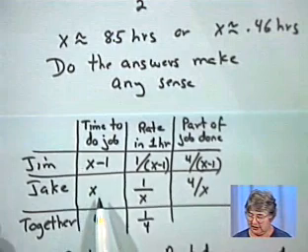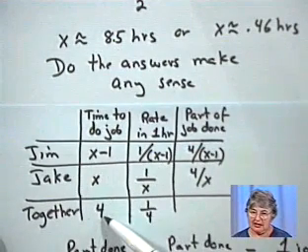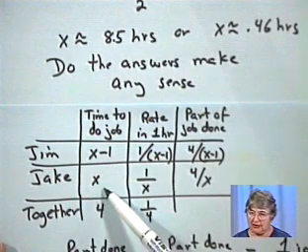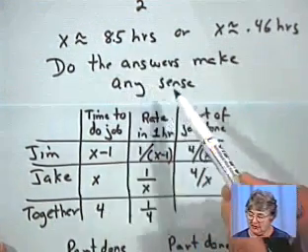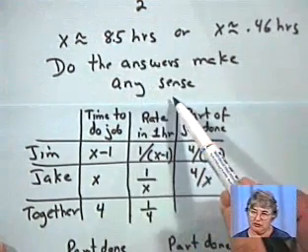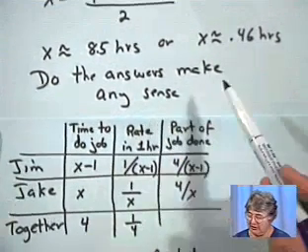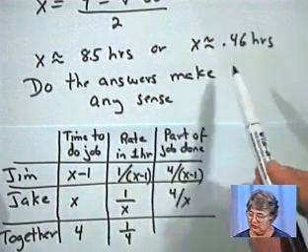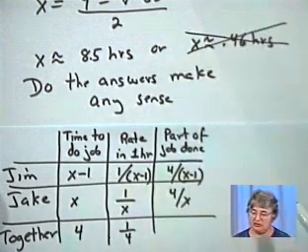Okay, so it could take Jake 8 hours to do the job, and then Jim 7 hours to do the job. So that answer makes sense. Another way of putting that is that answer is reasonable. What about the X equal 0.46 hours to do the job? Jake isn't going to be able to do the job in half an hour. So throw that answer out. It's not a reasonable answer.